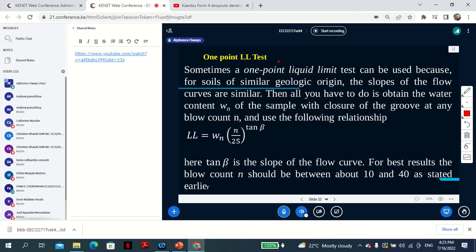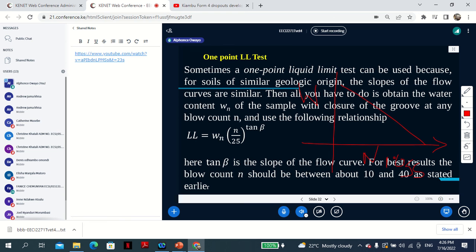So sometimes we might be interested in a one point liquid limit test. Please note that this can only be done for soils of similar geologic origin, and given that you already have what is called the flow curve. Maybe I did not explain. The flow curve is the one on a log scale, with the number of blows N and water content.